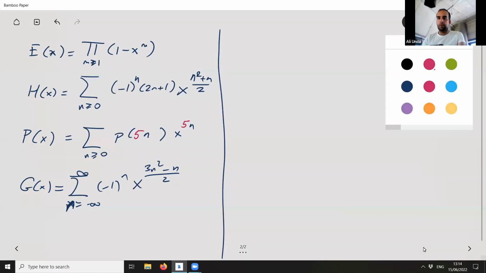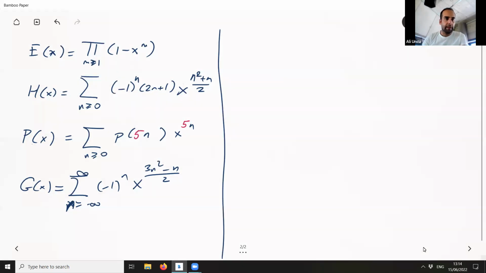So here let me put P_s: the exponents of x are 5m plus s. So we split our original function into 5 pieces.